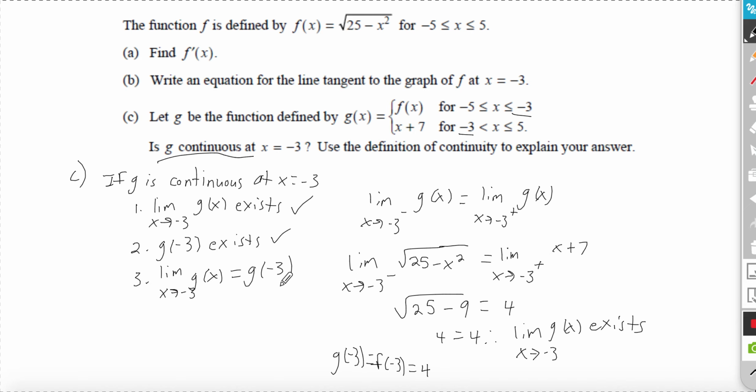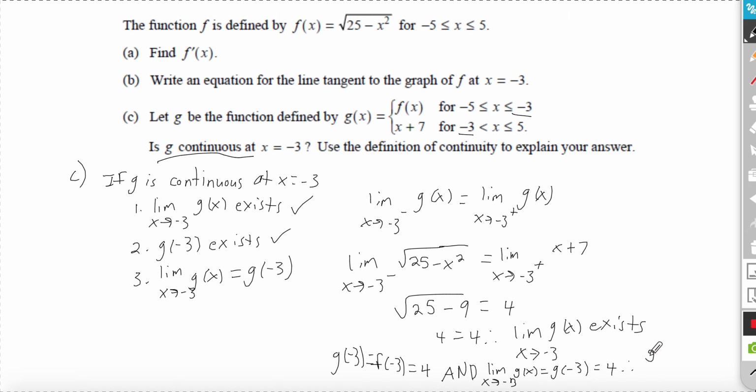Now, does the limit as x approaches -3 equal G of -3? It does. So I can say that the limit as x approaches -3 of G of x equals G of -3, which is 4.